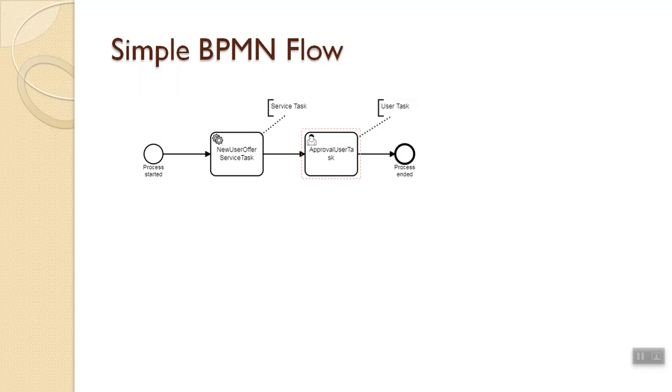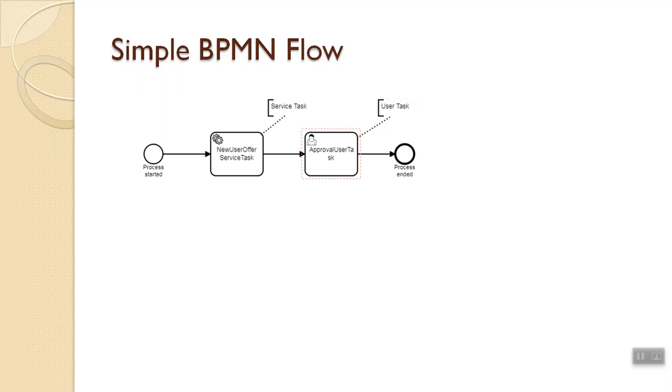Here you can see it's a simple BPMN where I have just designed one start point, one end point, and in between that we have a service task, which is like new user offer service. And then there is another task that is a user task. So user interaction is needed, like approval user task.